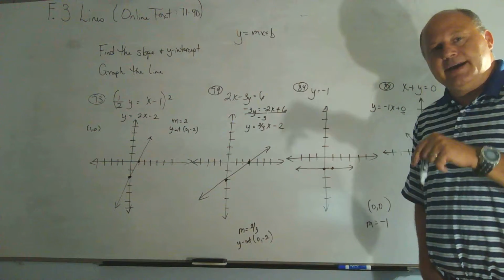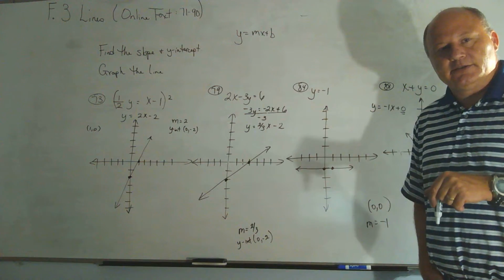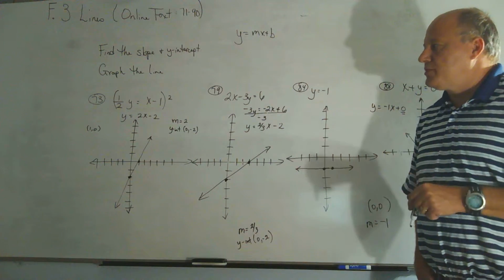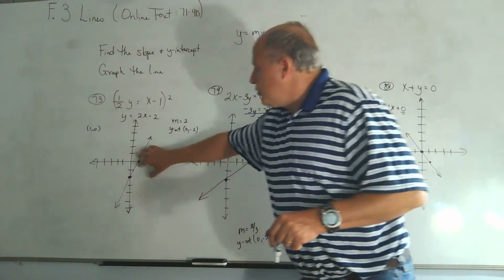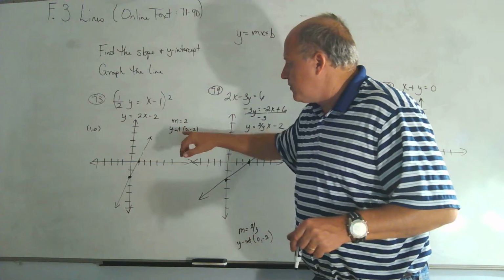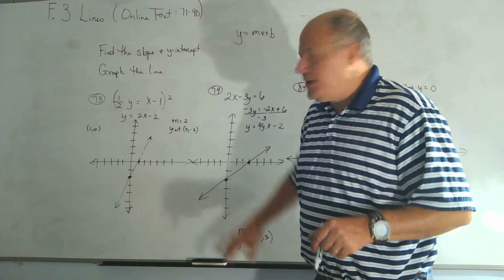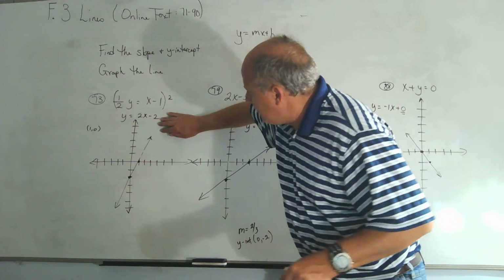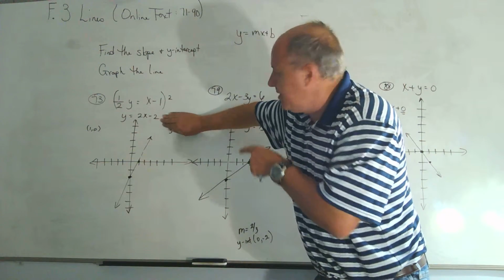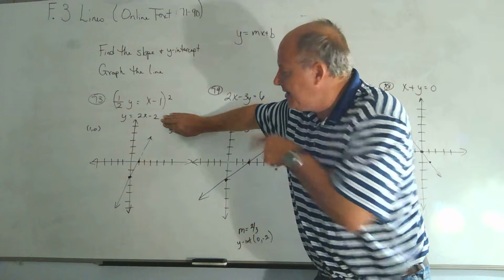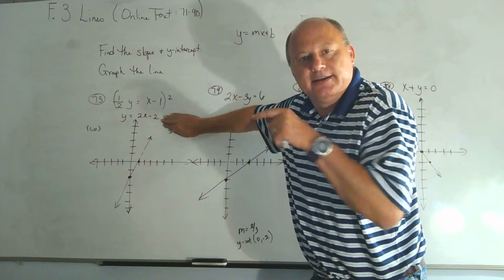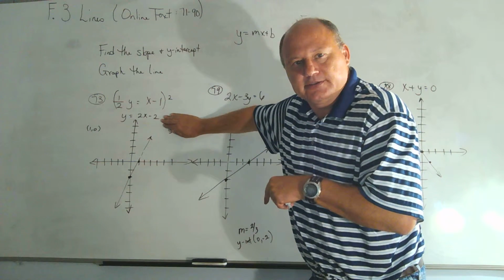But you have to make sure you answer all the questions. So this problem is worth 6 points. The graph is worth 2, identifying the slope is worth 2, and the y-intercept is worth 2. If you have the graph and don't have these, you had to know this to get that. But you have to be specific in your answers.